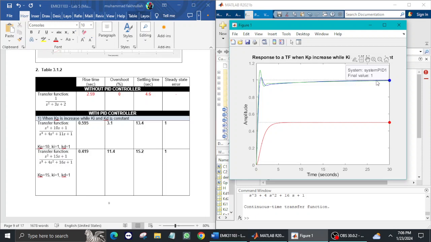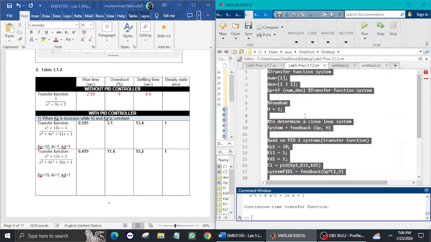Okay, for the final value, it is 1 when KP is 10, and the PID final value is 1. Okay, next.